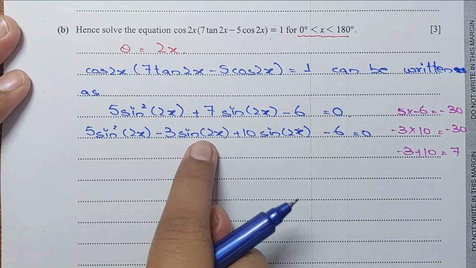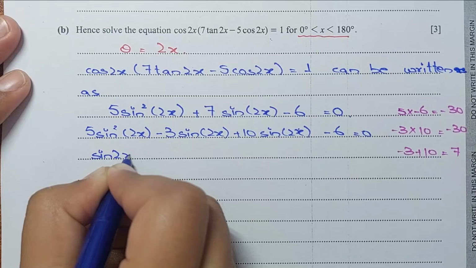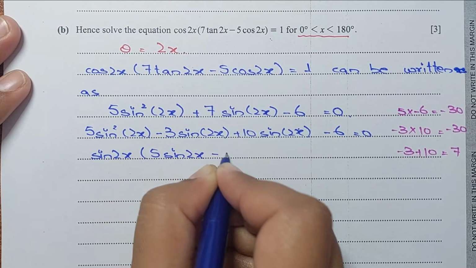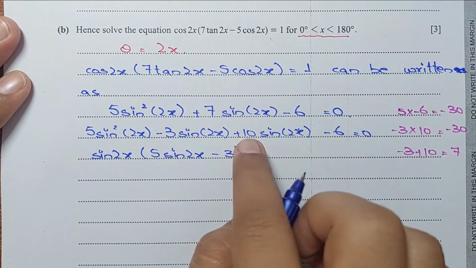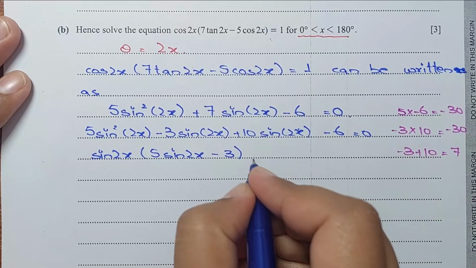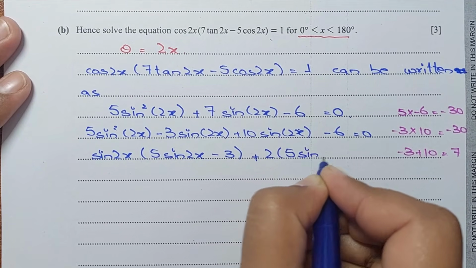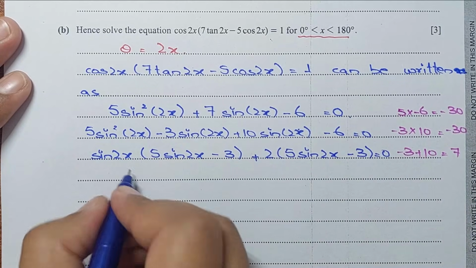So from the first two terms you can take sine 2x common. Here 5 sine 2x is left and minus 3 is left. From these two terms you can take 5 and 3, taking 2 common. 2 times 5 is 10 and 2 times 3 is 6. These two factors are same.